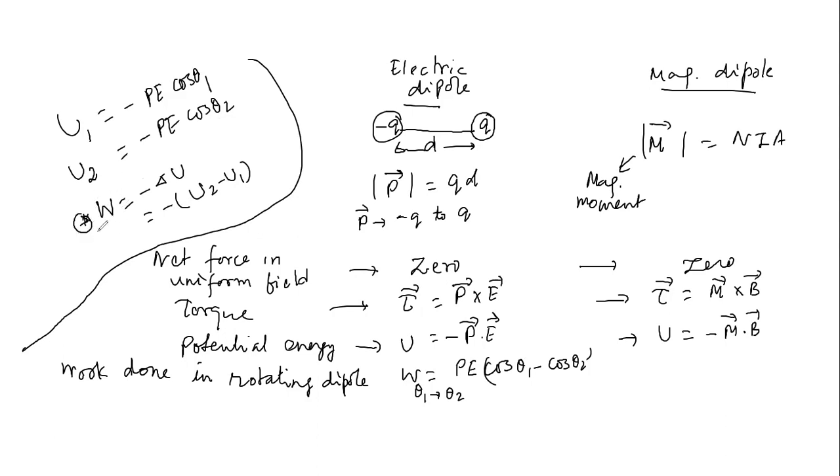Our electric force is also a conservative force. In a similar way, here we can write the work done in rotating a magnetic dipole or loop from θ1 to θ2 angle. It will be MB (cos θ1 minus cos θ2).